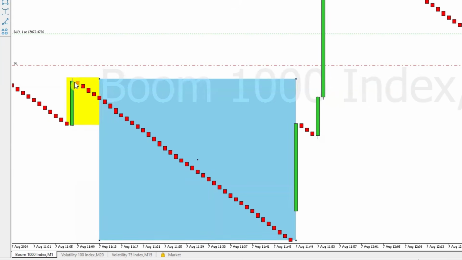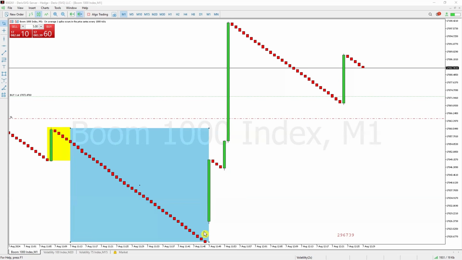Look, after the spike, the next series was just a whole lot of red candles, which are what? Bigger than the spike. So catching the spikes, yes, it's okay, 50%. Trading against the spikes, again, it's also okay, 50%. It depends on what you want to do.